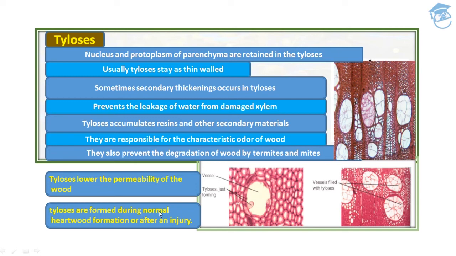Tyloses are formed only during normal heartwood formation or after an injury. I have already taught you heartwood formation in the chapter Anatomy of Flowering Plants. You can refer to that for better understanding.